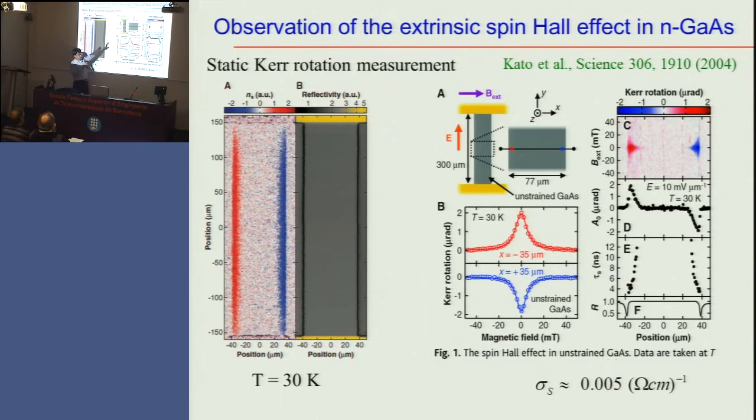They did the experiment like that. They showed that by applying a magnetic field this way, the orientation of spins really precesses, and they do not observe these accumulations. So they proved the first extrinsic spin Hall effect in n-type gallium arsenide.